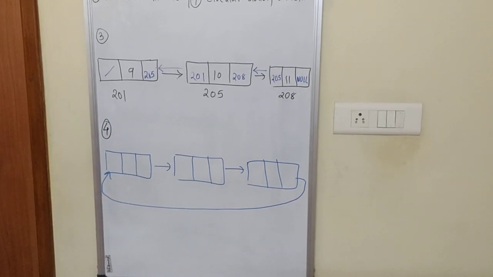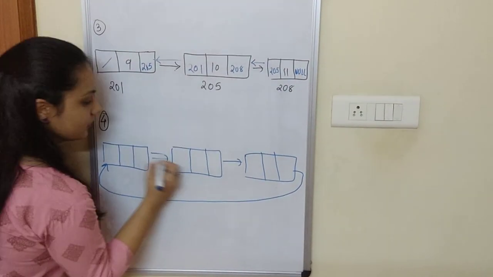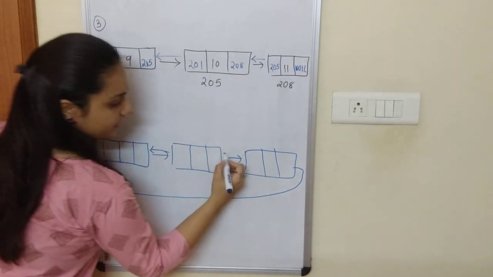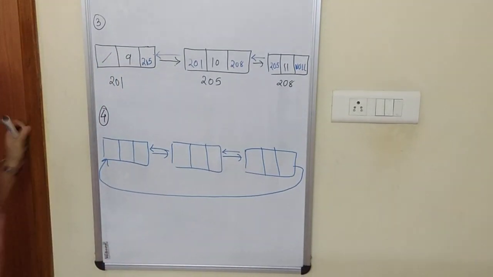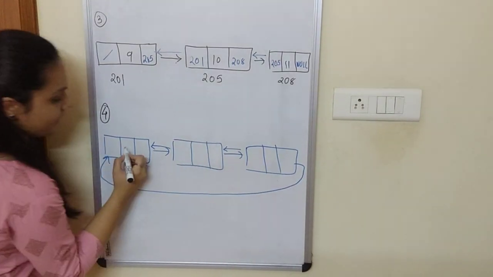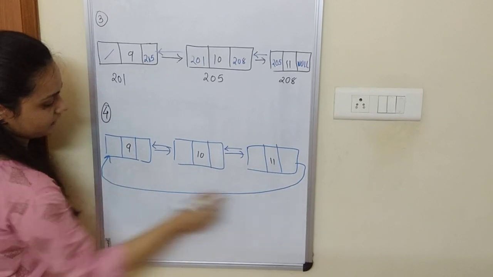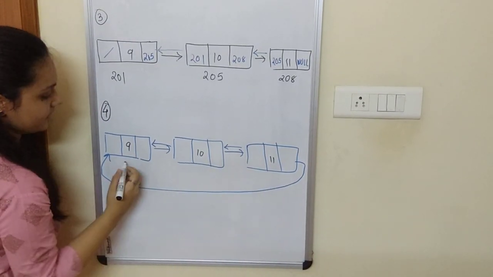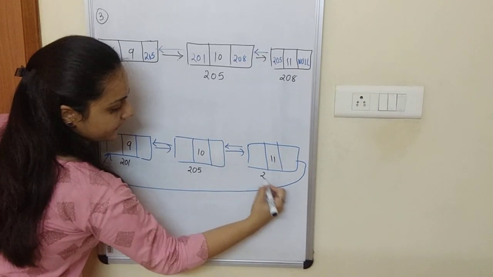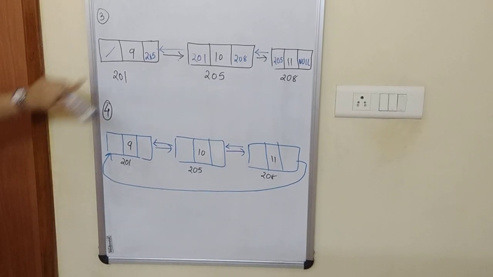But here also it is a doubly linked list. I have to point the link between all the nodes, or the previous nodes also. Now here the data will remain same, that is 9. Here the data is 10 and here the data is 11. Now the location of each node is 201, 205 and 208. Now here note one thing.